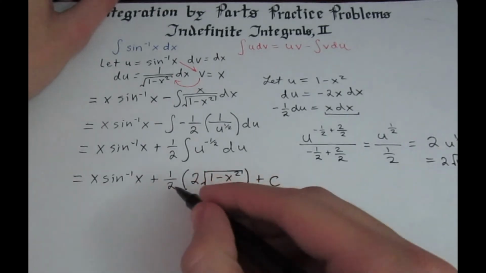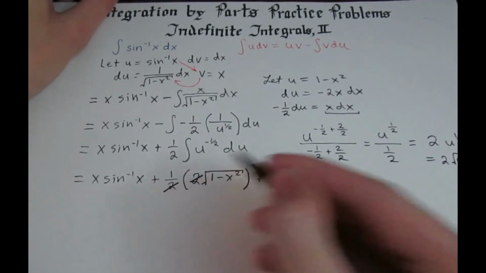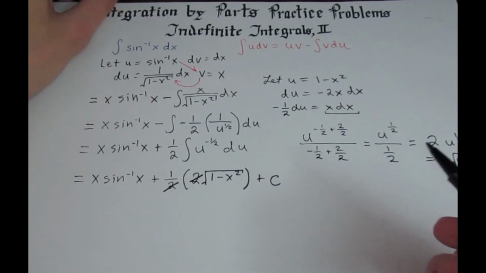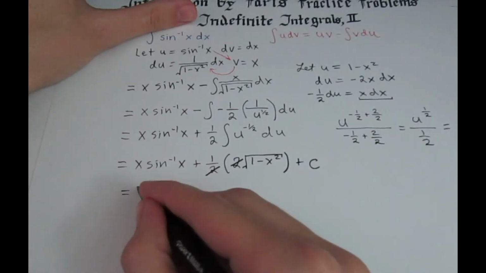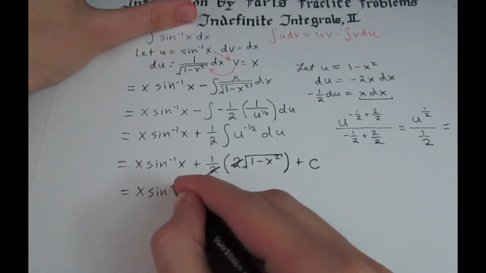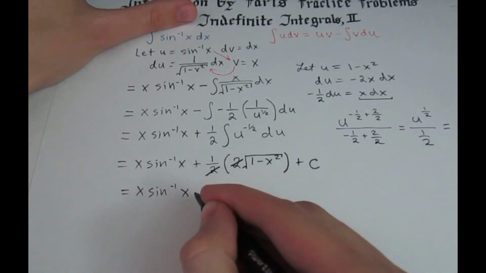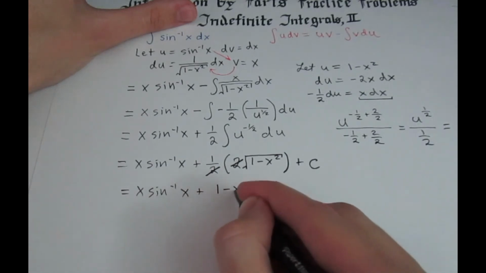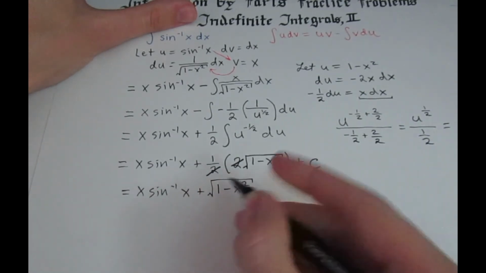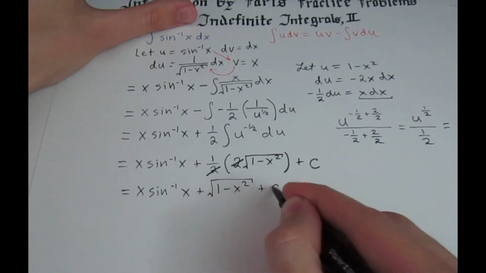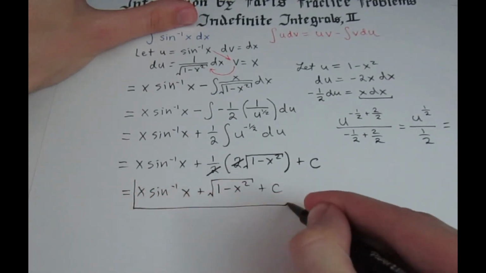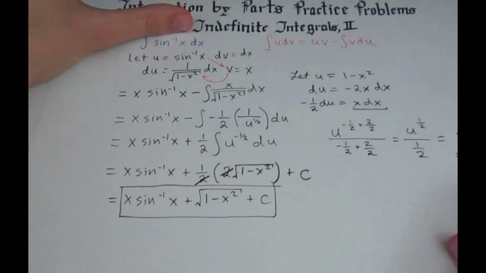Obviously the 2 and the 1/2 cancel, and what we're left with is x sine inverse of x plus radical 1 minus x squared, plus c. And that is the answer.